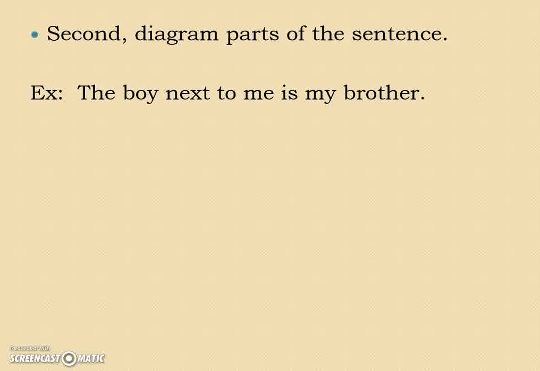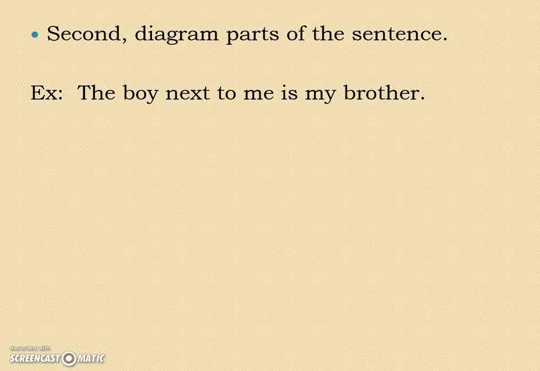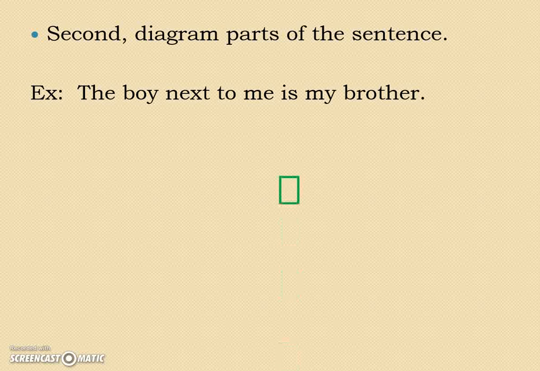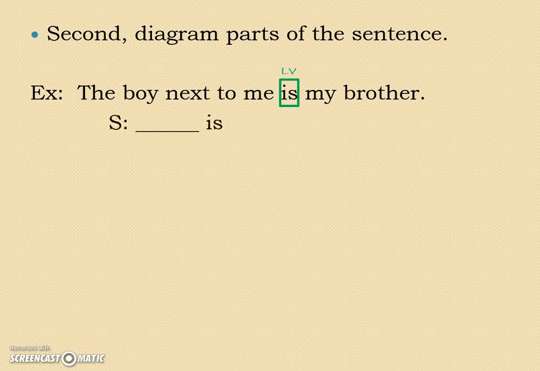Now let's look at the diagramming of these kinds of phrases. We begin by identifying the main parts of the sentence as we have done previously. The verb in the sentence is the word is, and it is a linking verb. We will find the subject by asking the question, who or what is? And in this sentence, the word is boy.